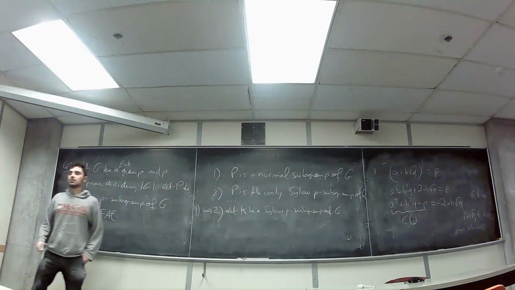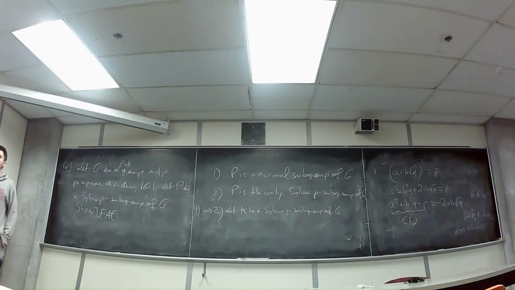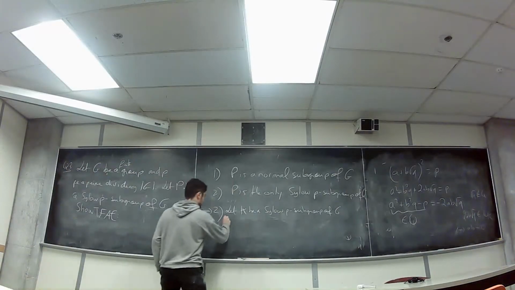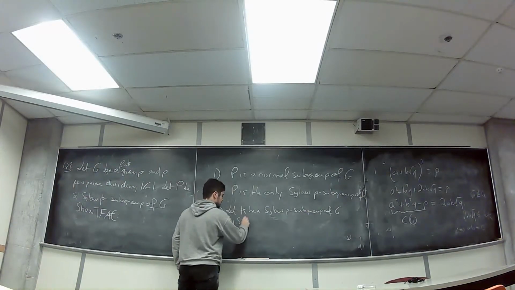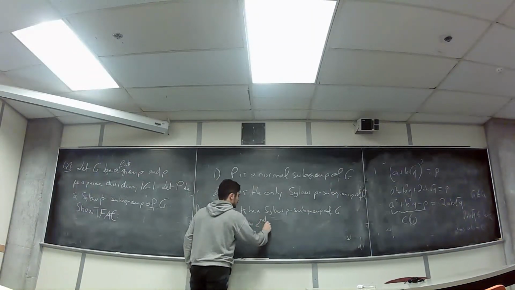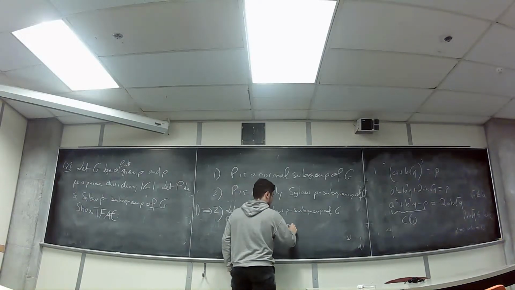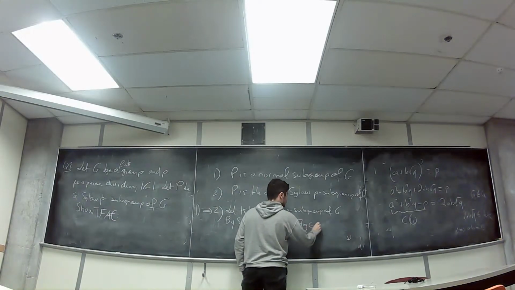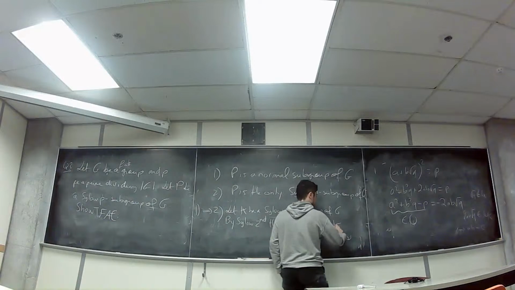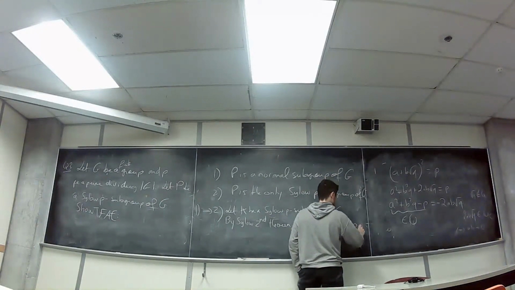By Sylow's second theorem, they are conjugate: there exists g in G such that K is gPg inverse.